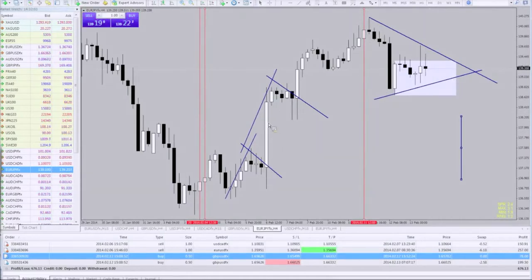Look over here, Ravinko. You see this huge candle? Well, this huge candle actually trapped all of these. It trapped all of these. You see that? But I wouldn't use this candle for my price trap because it's so out of whack with the average size of the rest of the candles.